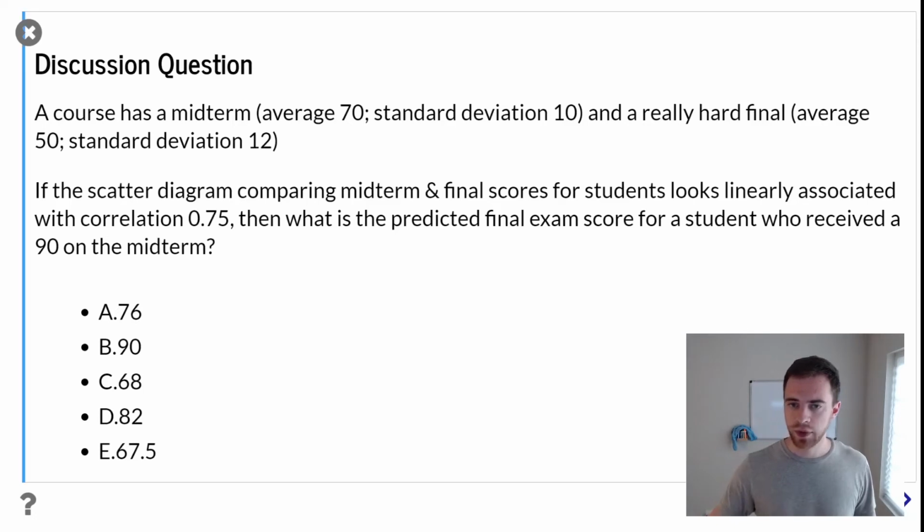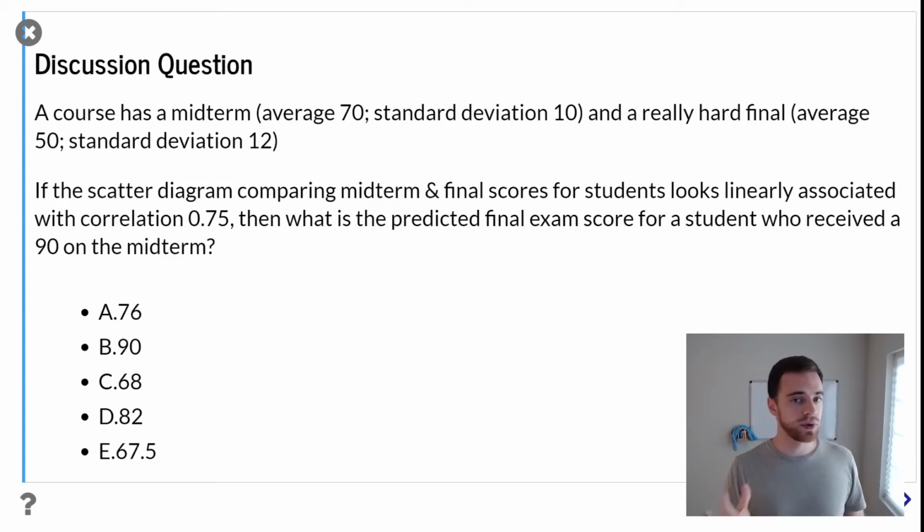All right, the correlation coefficient here is 0.75, but to use it to make my prediction, I first want to convert to standard units. Remember, to make a prediction I take my input in standard units and multiply by the correlation coefficient. The input here is the midterm score, and the student scored a 90.